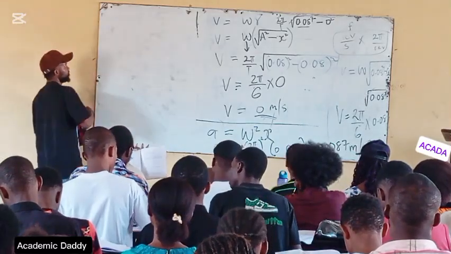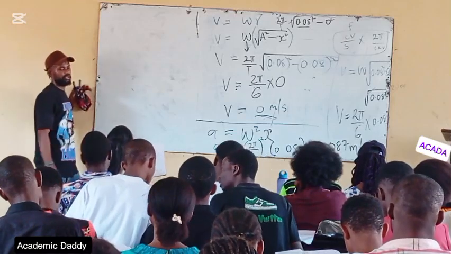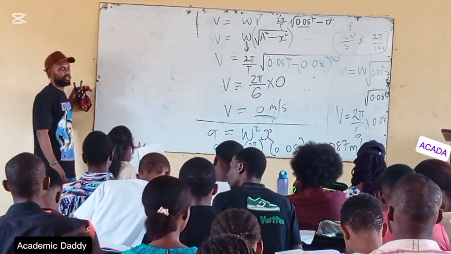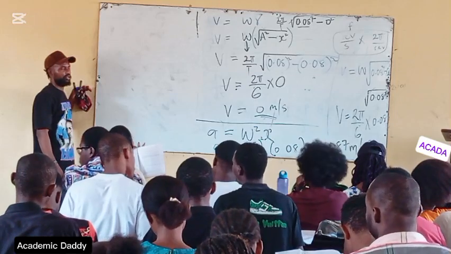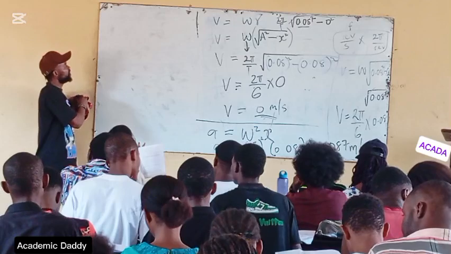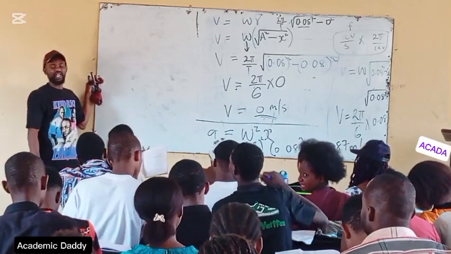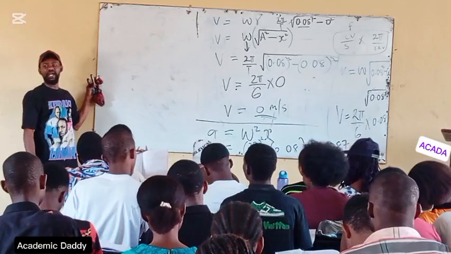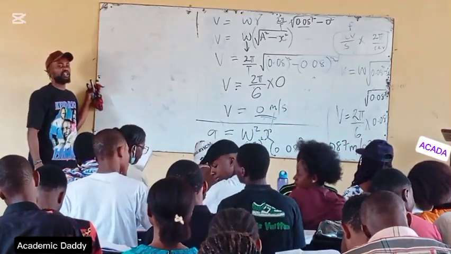F is equal to G M1 M2 over R squared, where G is the universal gravitational constant, M1 and M2 are the masses, and R is the distance apart. You know in physics, a mathematical expression was given by, is it not true? Yes. And I believe you have the story.